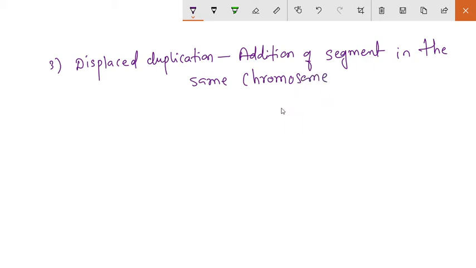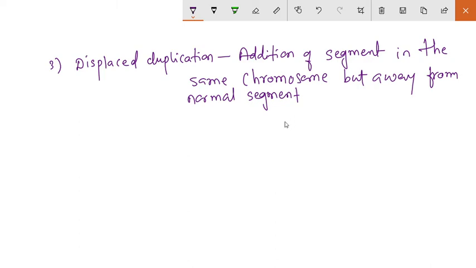Same chromosome मध्ये तो त्या ठिकाणी तो part add झालेला आहे, but it is away from the normal segment. It is away from the normal segment. It is known as the displaced duplication. Okay.